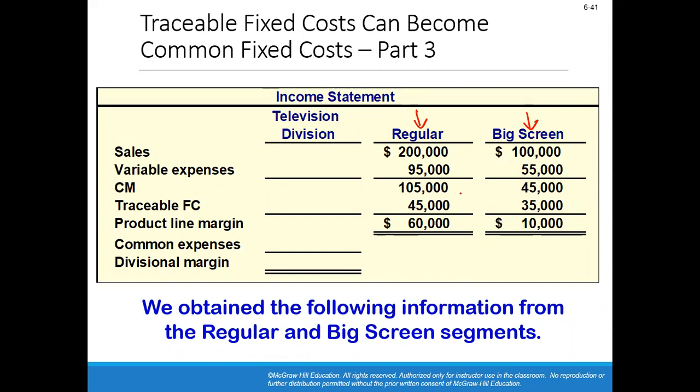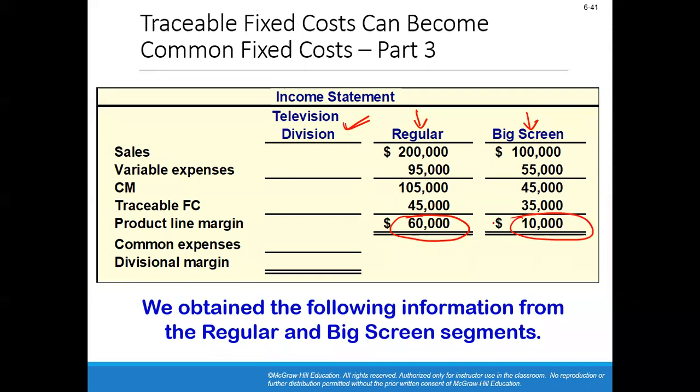You see that this regular segment and the big screen segment of the television division give us this amount of margin for the regular segment, and the big screen is giving us how much margin? 10,000.